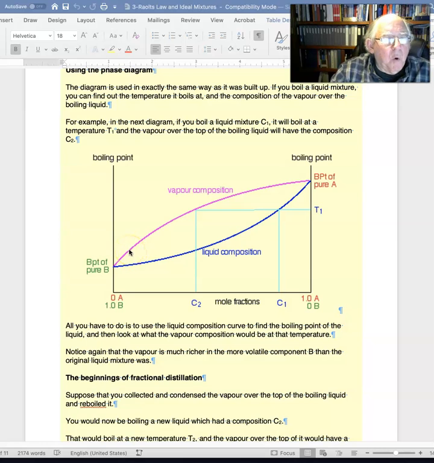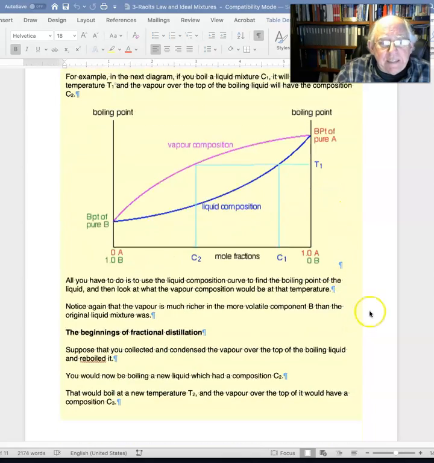That will be more of the more volatile component B and less of the less volatile component A. And so what happens is, by doing this fractional distillation, we boil and then reboil. We boil, we condense, we reboil. And as we do that, we're driving the vapor to a higher and higher level associated with the more volatile component. And that's what happens in the distillation column.